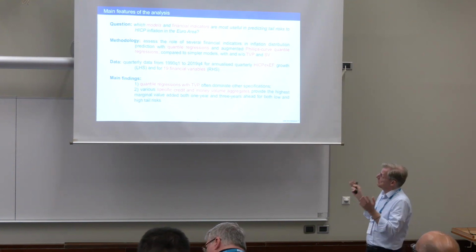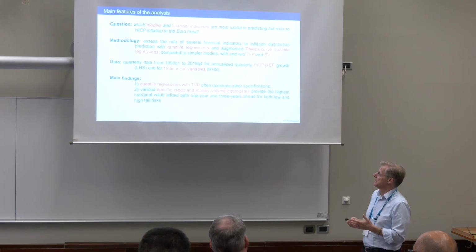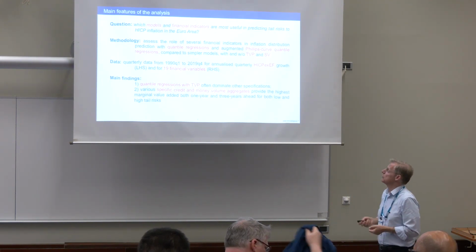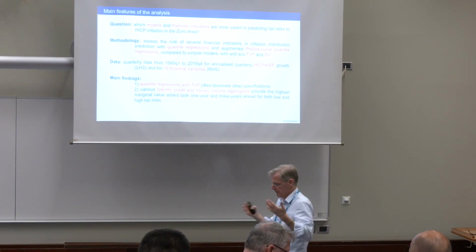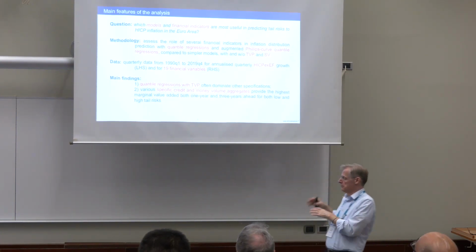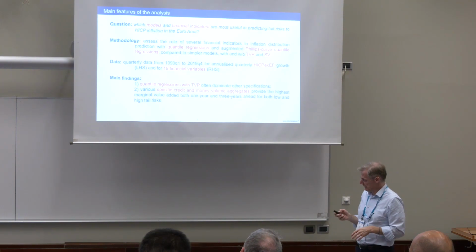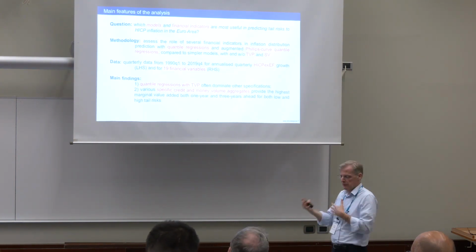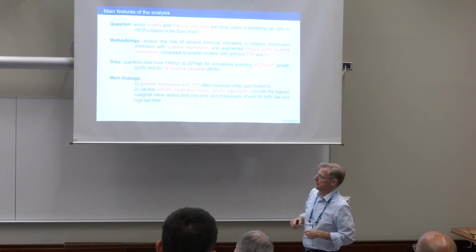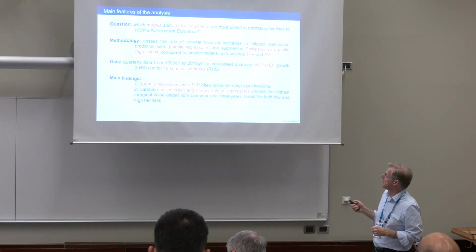So the data we consider is quarterly data from 1990 to 2019. When we started the project, it was before the pandemic, so for the paper we decided to end it in 2019 Q4. More recent data introduce additional complications, but for this paper we don't need to address them.